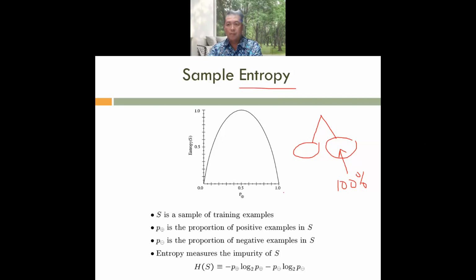So for example, the maximum value for the entropy will be 1.